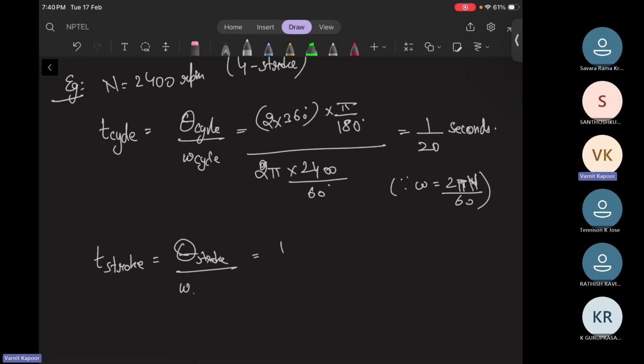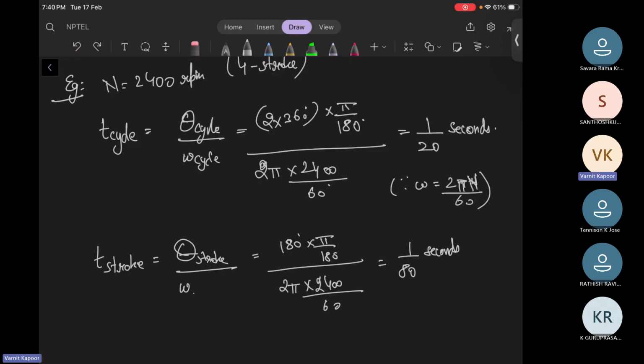So theta of stroke is 180 degrees times pi by 180, converting to radians, and omega is 2 pi N by 60, with N as 2400. So it will be 1 by 80 seconds. To verify, one stroke of a 4-stroke engine takes 1 by 80 seconds, so 4 strokes will be 4 into 1 by 80, which is 1 by 20.